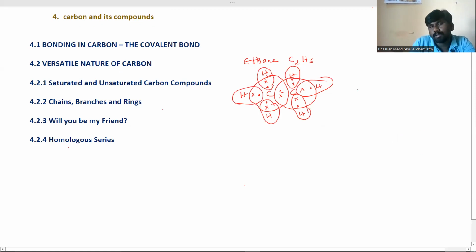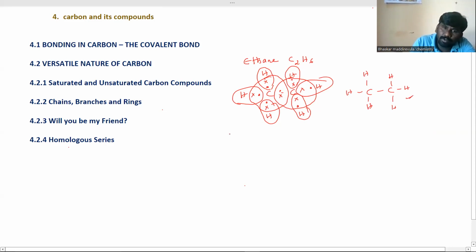One electron pair is shared between two atoms, so you get all single bonds: carbon-carbon single bond and carbon-hydrogen single bonds. Only one electron pair is shared in each.